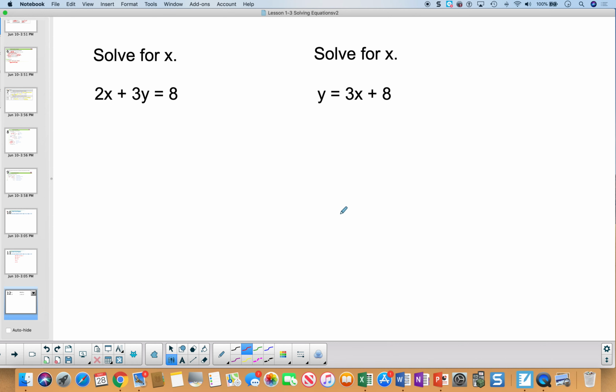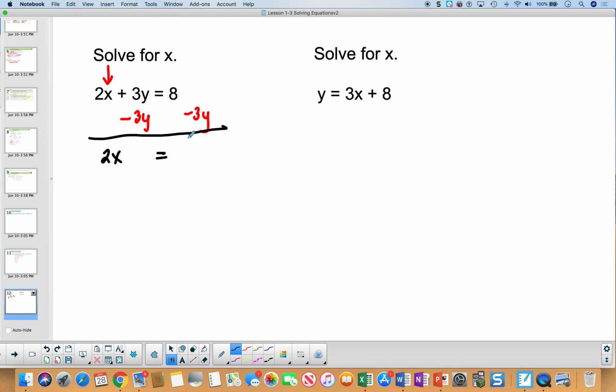Let's look at solving for x. In other words, we want to get x by itself. Now, to get x by itself, we have to undo addition first. So we're going to subtract 3y on both sides. And this is going to create a 0, which is the identity for addition.